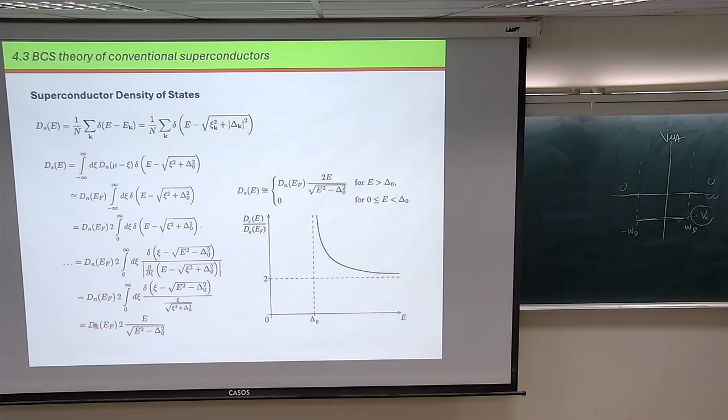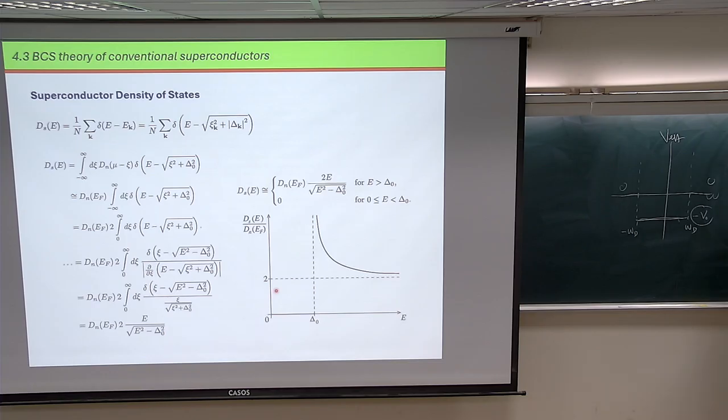This is the density of states of the material in the normal state, meaning at T larger than Tc, when you don't have superconductivity, and then it's multiplied by this value here. So if you plot this density of states as a function of energy, this is what you get. 0 here, and then you have a jump, and then it goes up to this value of 2, this ratio.